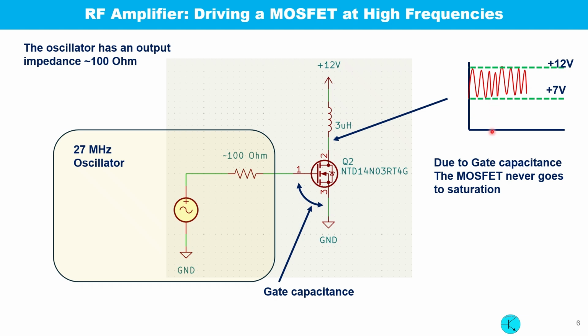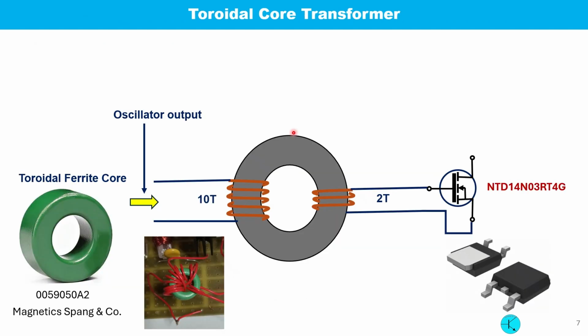This is not an efficient amplifier if the situation is like this. A toroidal transformer can be used between the oscillator and the MOSFET as a coupling device. The turns ratio could be 10 to 1, or 10 to 2. This transformer will convert higher impedance into a lower impedance, which is then suitable to drive the MOSFET.